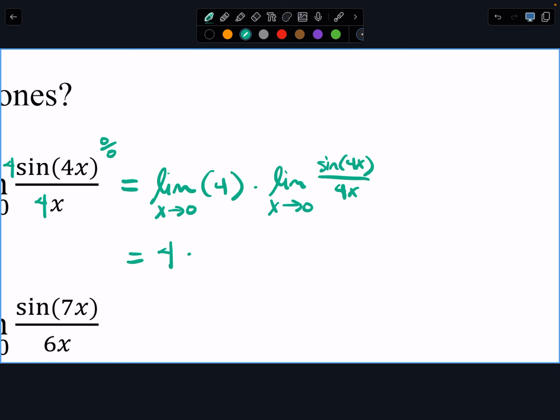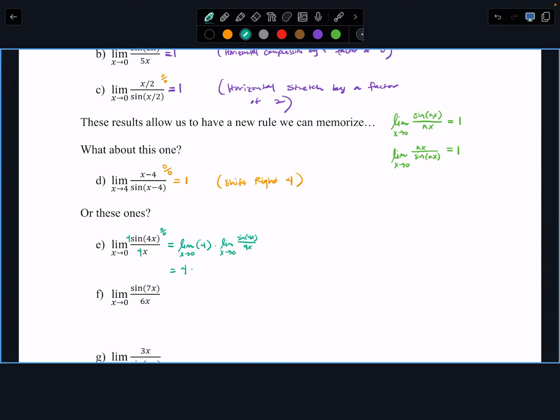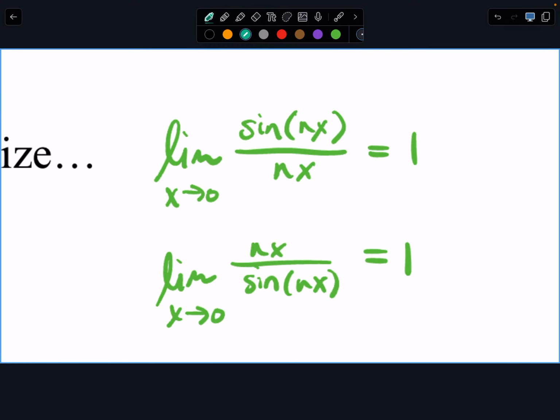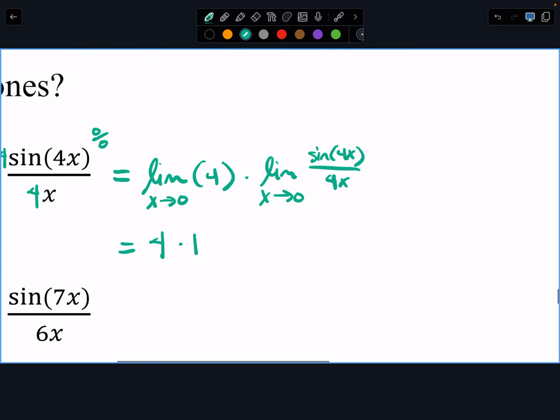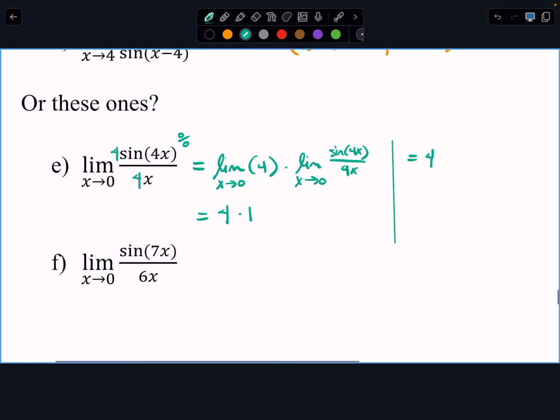And then the limit of sine of 4x over 4x, based on this rule that we came up with, would be 1. So this limit is just equal to 4. Okay.